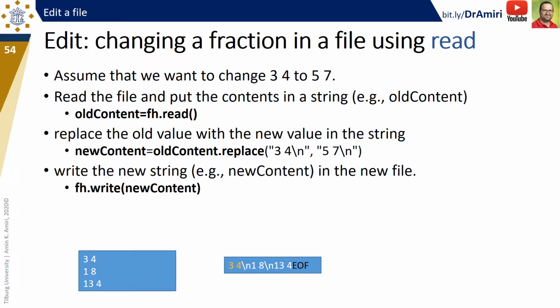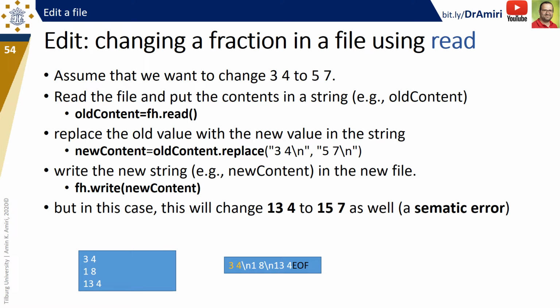But you see that in this case there can be an issue, and the issue is that because you are trying to replace a pattern of 3 blank space 4 backslash n, you mistakenly change the last fraction in the file, which is 13 blank space 4 to 15 blank space 5 blank space 7 as well.